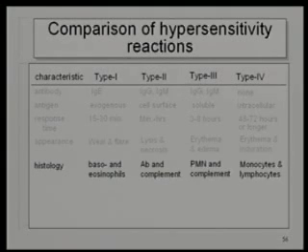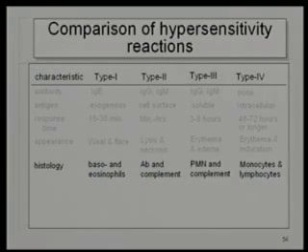Histology: if one looks at the histology of a type 1 reaction, one would find basophils and eosinophils. You remember ECF-A, eosinophil chemotactic factor of anaphylaxis, attracting eosinophils and basophils. Some neutrophils may also come in later on, but by and large it's eosinophils and basophils.